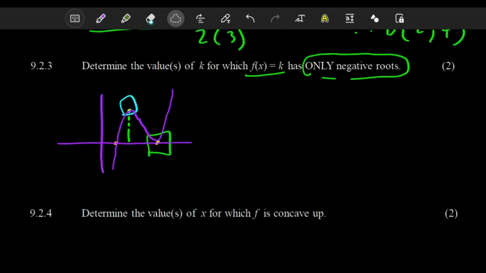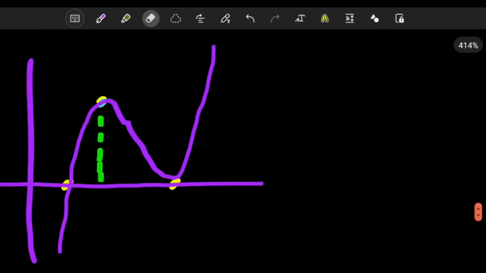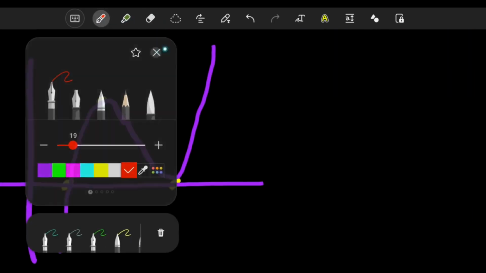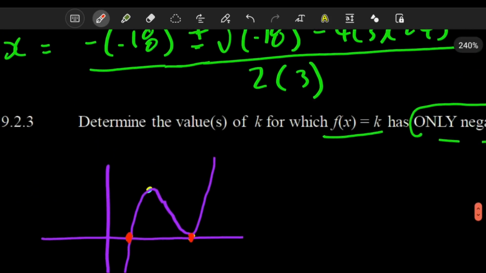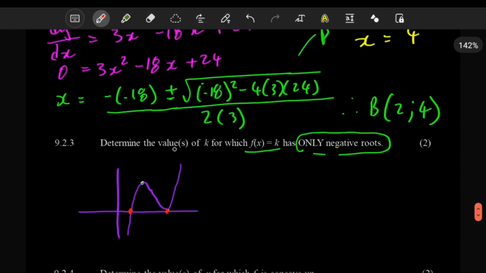So the image, the way it looks, so far has 2 roots, because roots refer to x-intercepts. There's an x-intercept there, another x-intercept. They said for 2 marks, for which values of k will your equation have only negative roots.